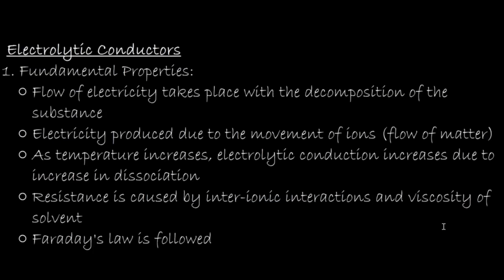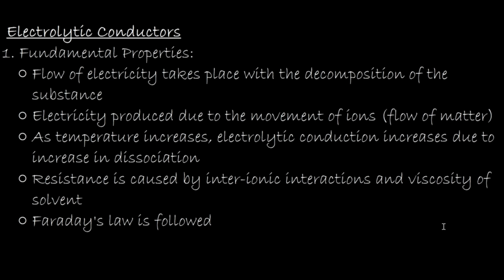Moving on to the electrolytic conductors, the flow of electricity takes place with the decomposition of the substances. This is produced because of movement of ions. Okay, movement of ions. As the temperature increases, the electrolytic conduction also increases due to dissociation, where the resistance happens because of inter-ionic interactions and viscosity of the solvent.